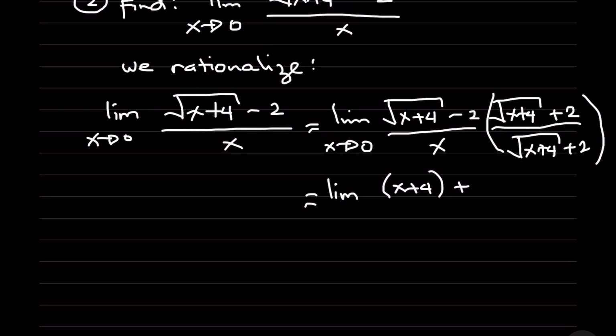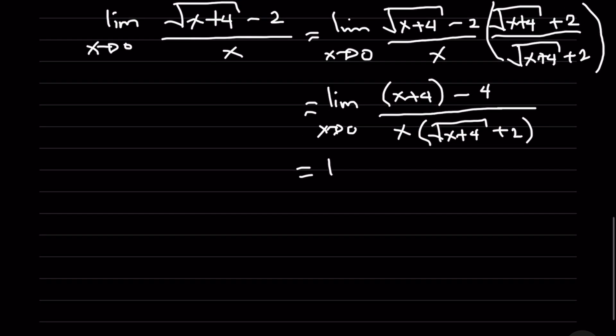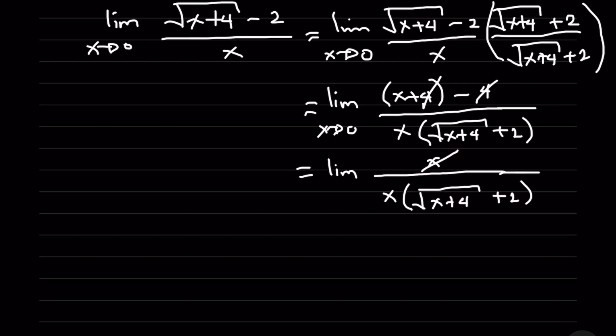So this becomes x plus 4 minus 4 over x times the quantity square root of x plus 4 plus 2 as x approaches 0. So here, 4 will be cancelled because 4 minus 4 is equal to 0. And as you notice, x will also be cancelled.